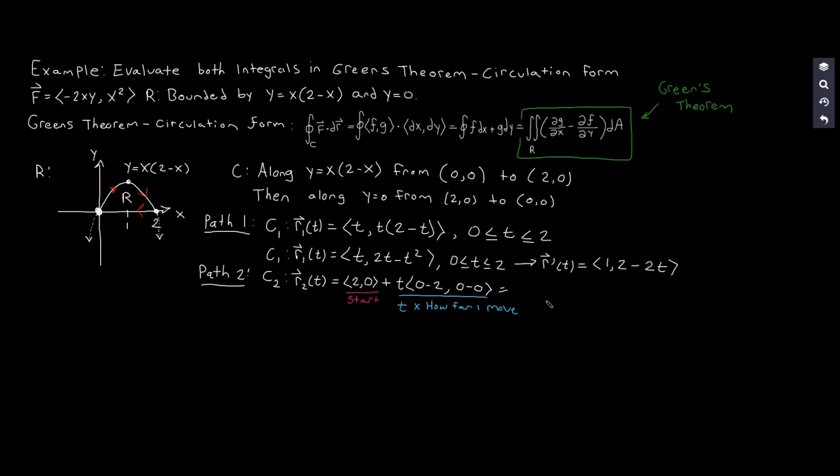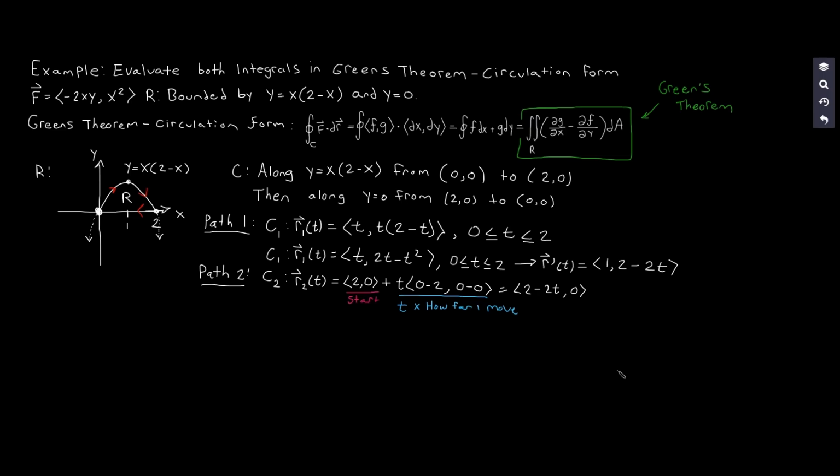All we need to do is distribute that t and then add them together. As it turns out, this becomes x being 2 minus 2t and y being 0.